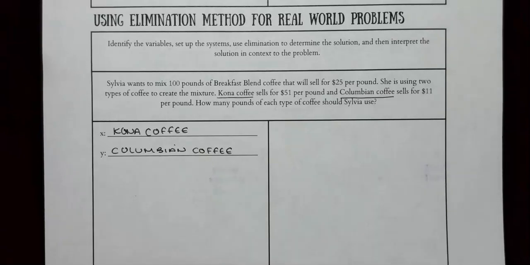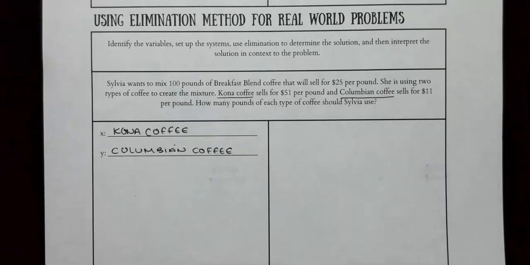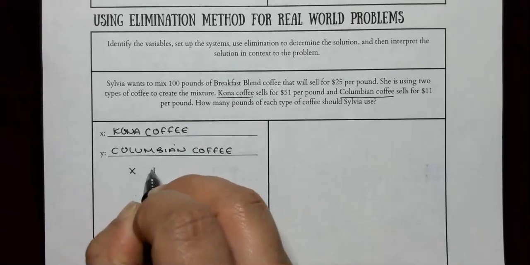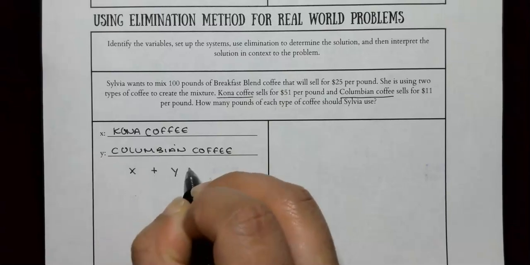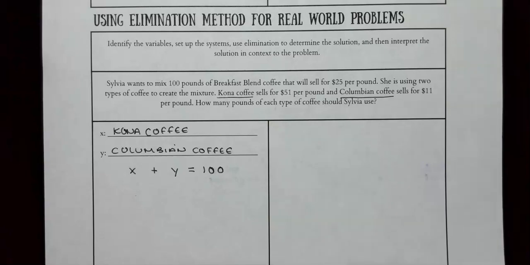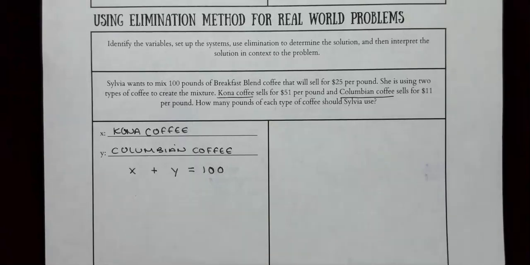Now, when you set up your equation, you want to keep all your units together if you can. So the first thing we know is that she's going to mix 100 pounds. We don't know how many of each she's going to use, but we know that the number of pounds of Kona coffee need to add up with the Colombian coffee, and they should be both equal to 100 pounds, because it says we're going to make 100 pounds, but I don't know how much of each.